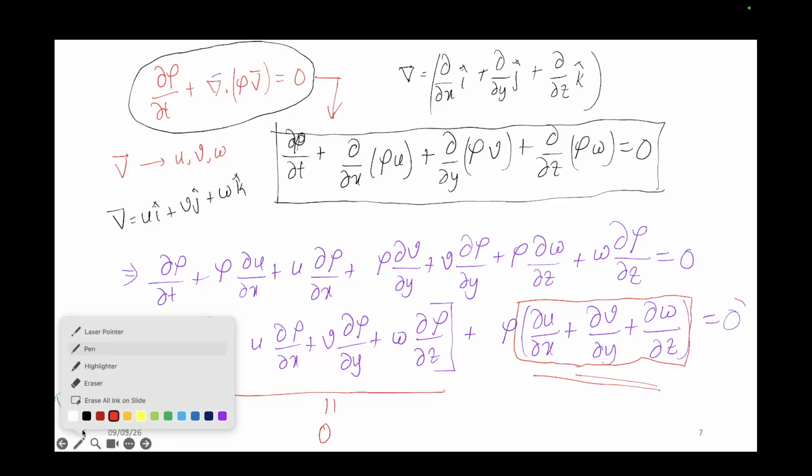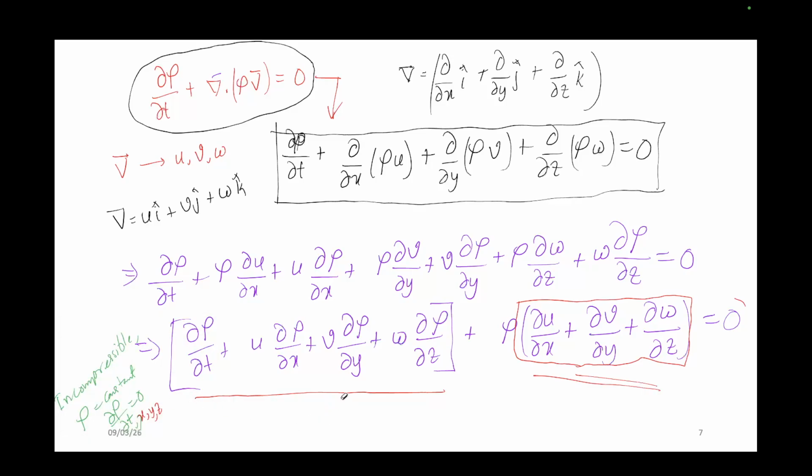Now I'm showing you one more thing. Basically, this term is generally represented as capital D rho by dt, which is known as the total derivative.